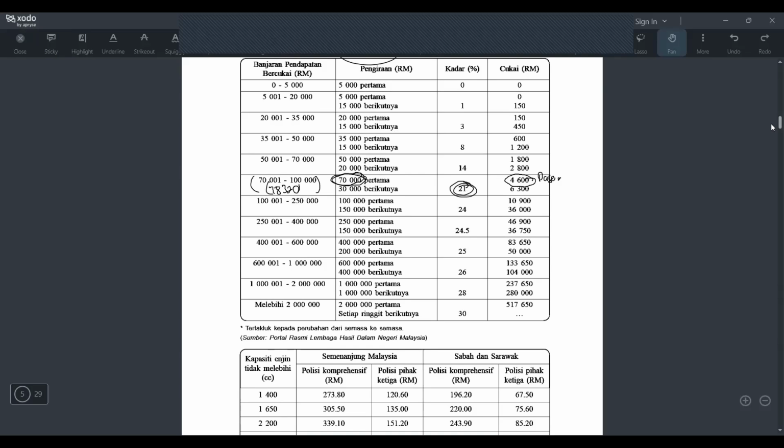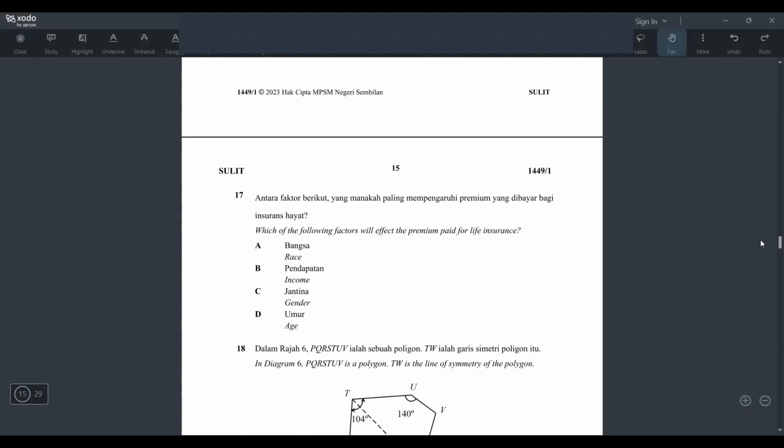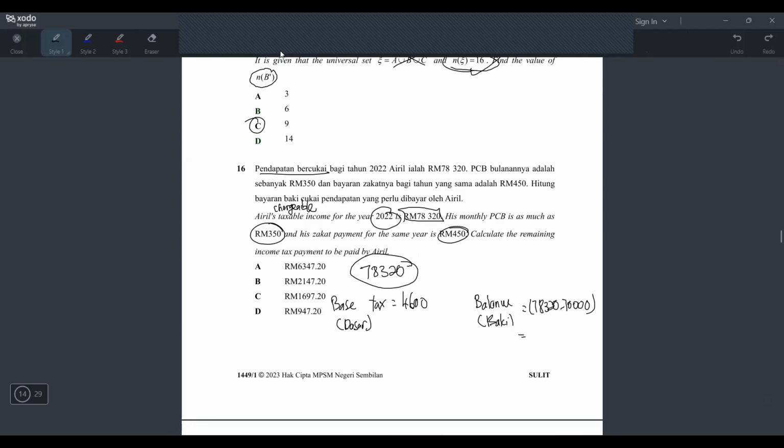So now we can go back and finish the rest of the working. So 78320 minus 70,000, and then only you will times with 0.21, because 21% means 21 divided by 100, which is 0.21. So let's press all this in the calculator. 78320 minus 70,000, make sure you press bracket, and then times 0.21.